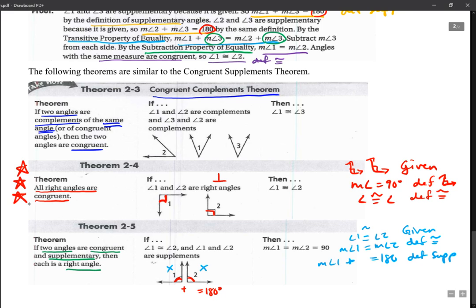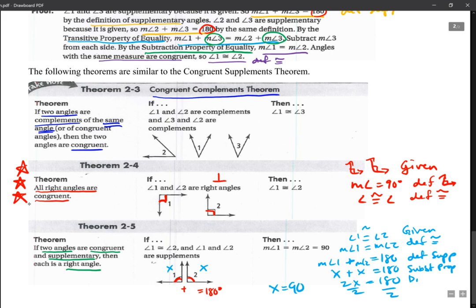The measure of angle 1 plus the measure of angle 2 equals 180, definition of supplementary. Now I can just substitute in x plus x equals 180. 2x equals 180. Divide by 2. x equals 90. And that's just substitution property.